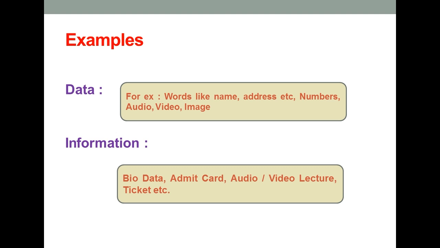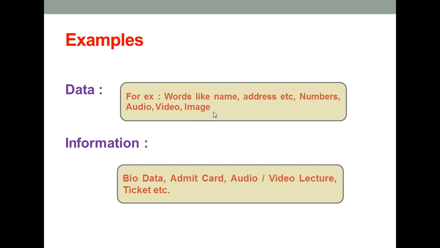At that time it will be known as data. But once you combine all the videos into one, and your topic is completed, at that time it will be known as information. That means the complete video lecture in which you have given the complete information to the students will be known as information.